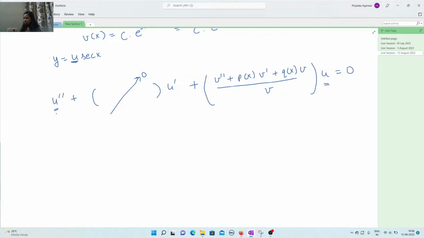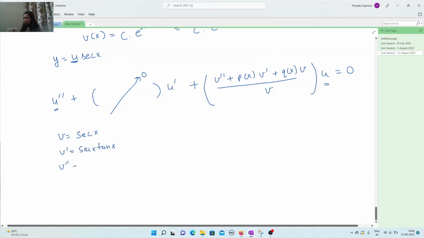Okay. Now we know u is sec x. So u dash can be written as the differential of this, which is sec x tan x, and u double dash can be written as the differential of this.